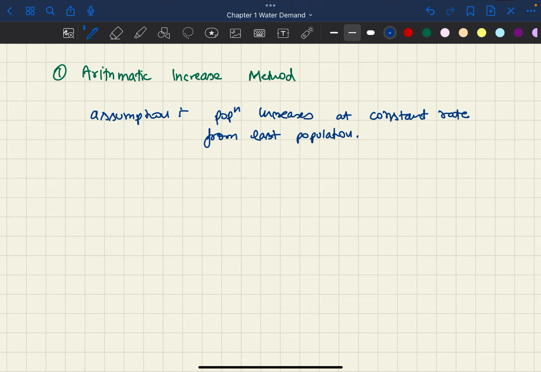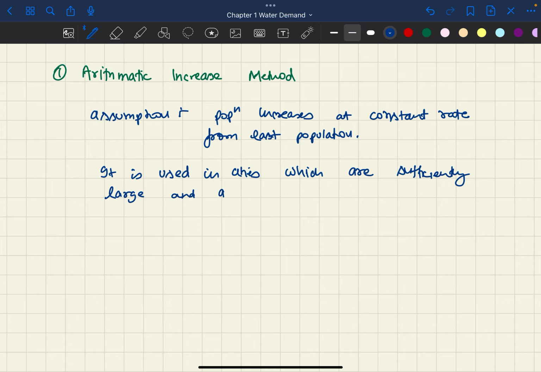The average increase in population is considered to compute the future population. It is used in cities which are sufficiently large and are already established.